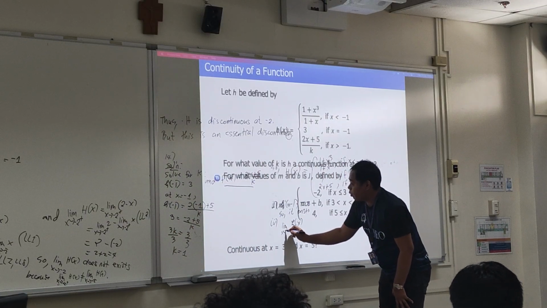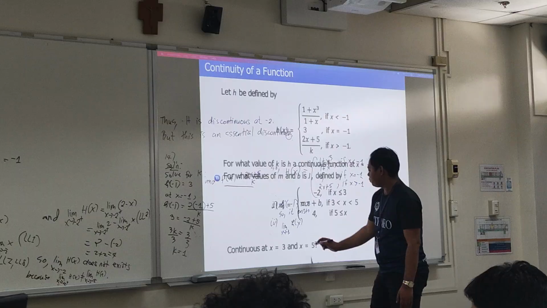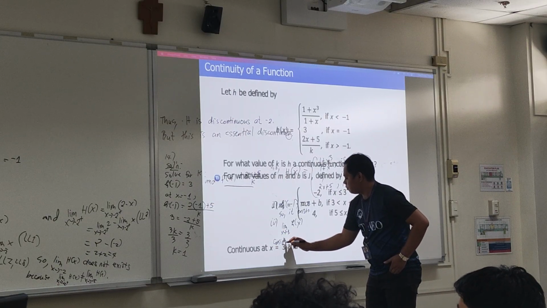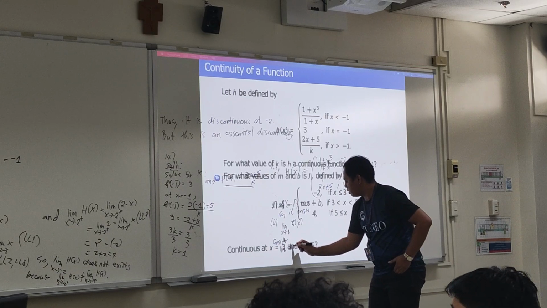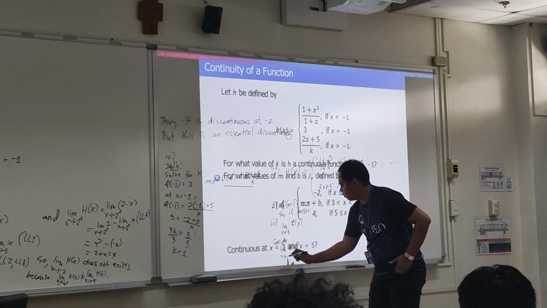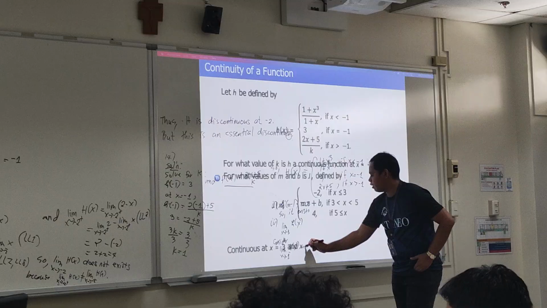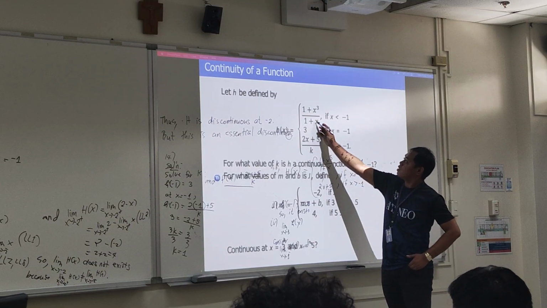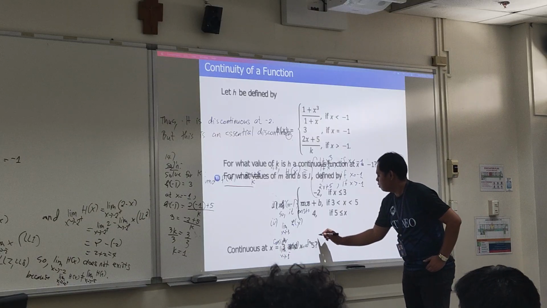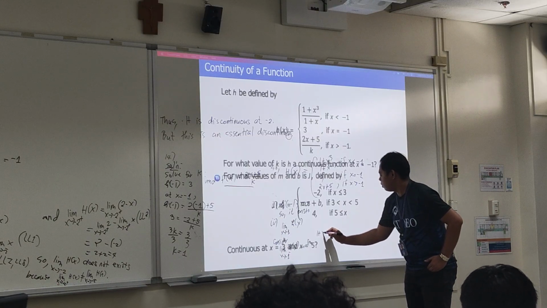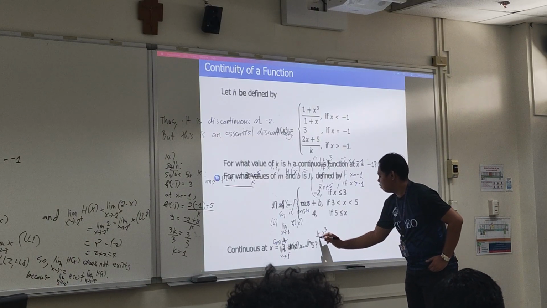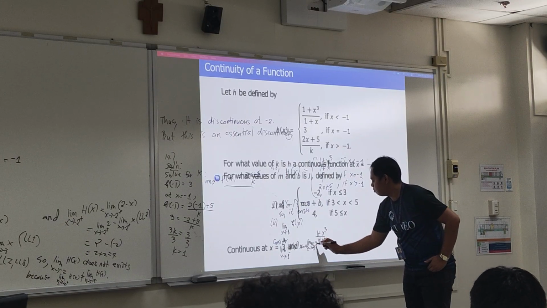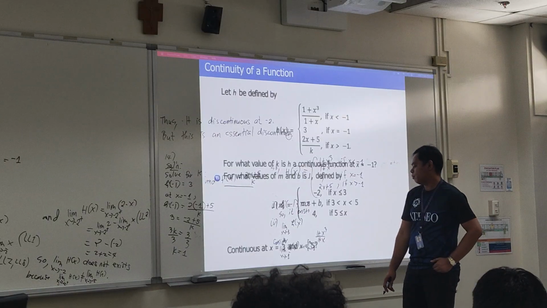So as your x approaches -1, consider the left-hand limit. h of x as x approaches -1 from the left. What is the value of your h of x? That is this one, no? 1 plus x cubed all over 1 plus x as your x approaches -1 from the left.